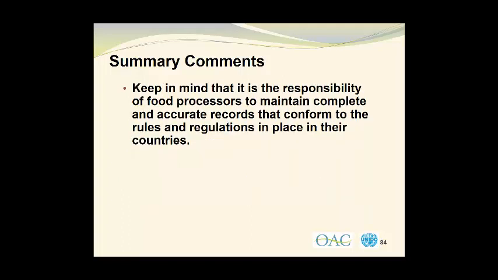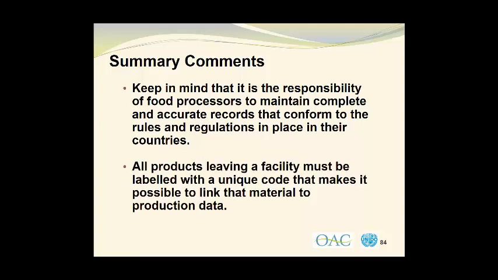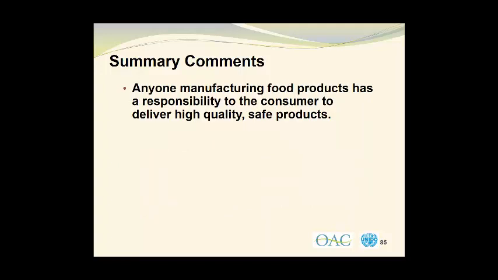Keep in mind that it is the responsibility of food processors to maintain complete and accurate records that conform to the rules and regulations in place in their countries. All products leaving a facility must be labeled with a unique code that makes it possible to link that material to production data. Anyone manufacturing food products has a responsibility to the consumer to deliver high-quality, safe food products.